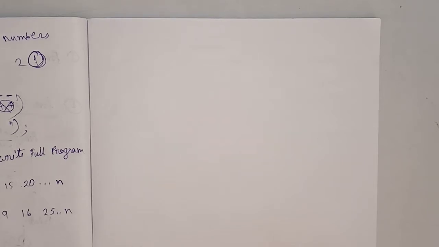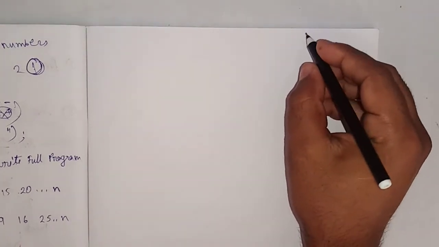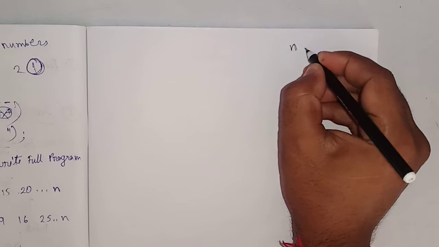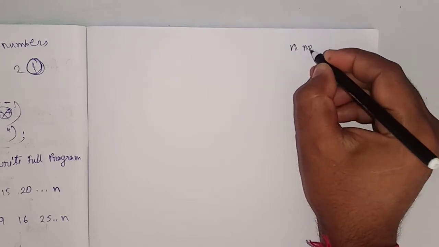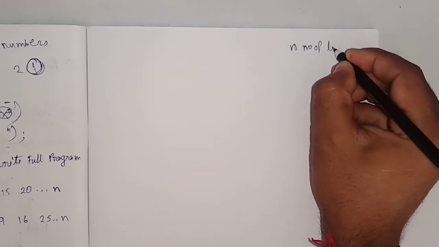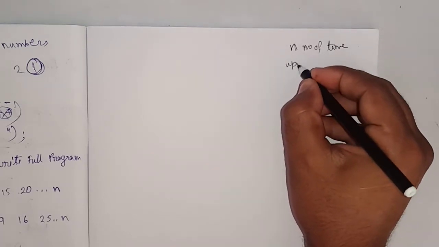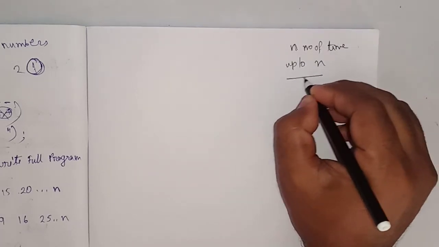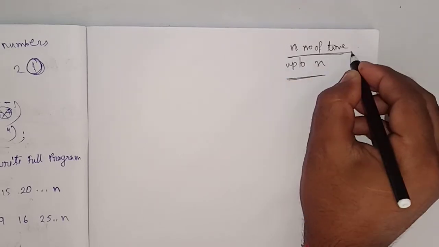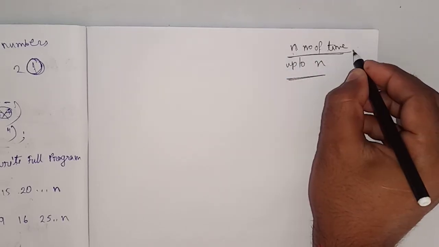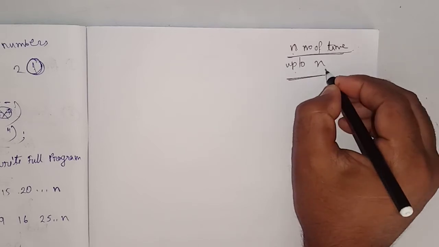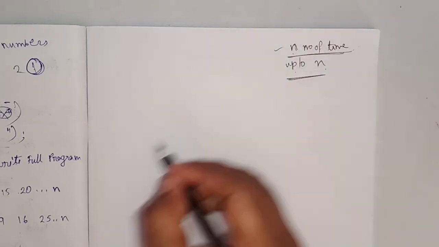Before starting, I want to discuss something with you, which is n number of times and up to n. There are two types: n times or up to n. First I'm discussing this one.